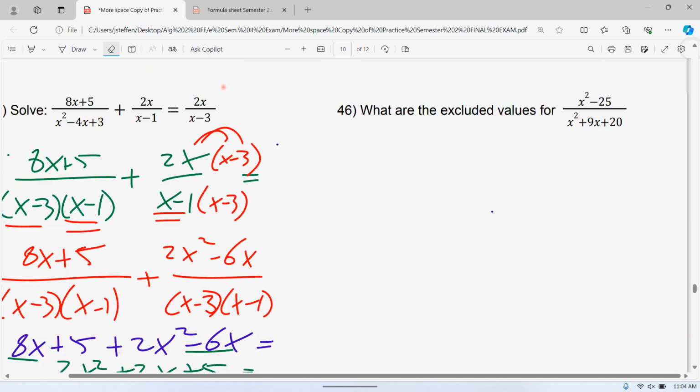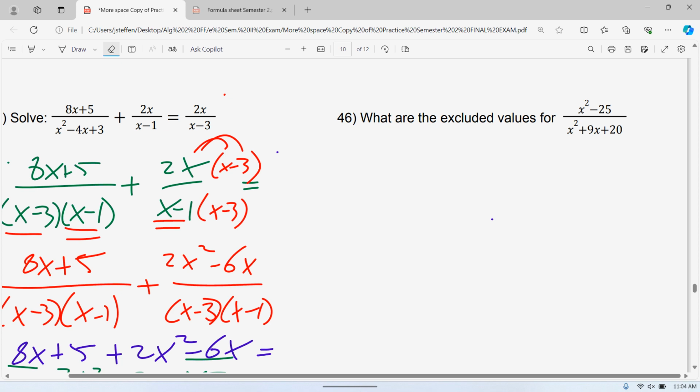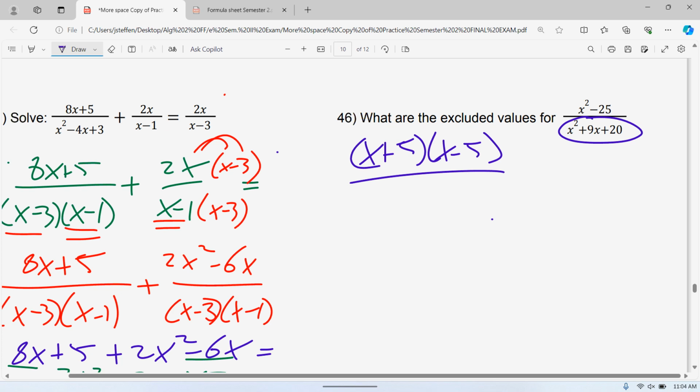So this one's not too bad. Remember, that just is what makes the denominator 0. On my answer key, I actually factored out the numerator and the denominator. You don't really have to factor out the numerator. The excluded values are just what makes the denominator 0. So that is x plus 4, x plus 5.